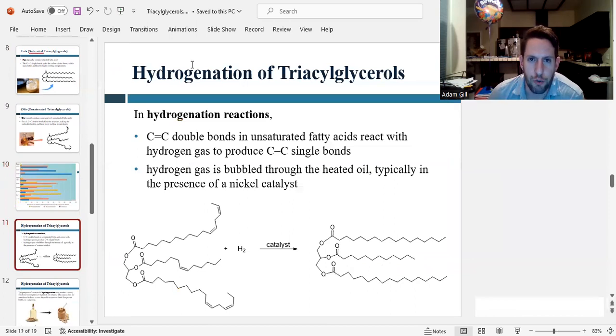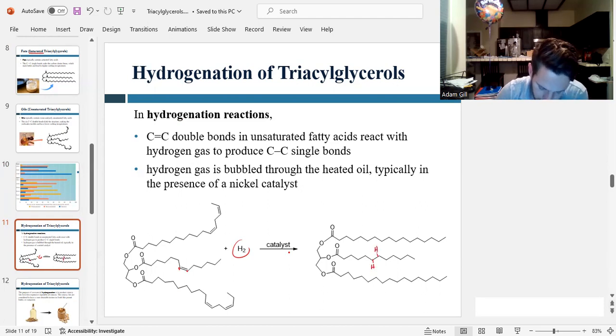So let's talk about hydrogenation of a triacylglycerol. So a hydrogenation reaction is the process of adding hydrogen onto a double bond. So wherever the double bond used to be, we're going to be adding hydrogens to it. So like we added hydrogens there and there.